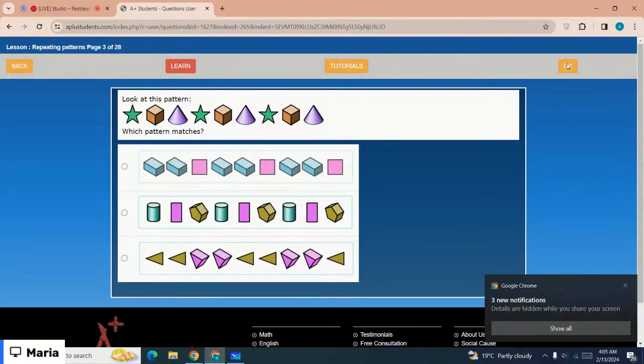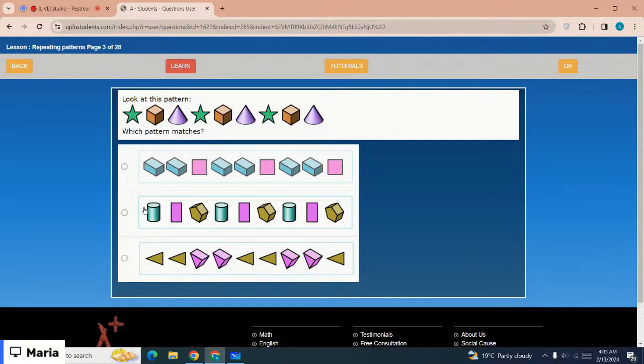Three different shapes and they keep repeating themselves, right? So just look at the first example. You have two rectangles, one square, two rectangles. No, we need one that has three. Yes, that is exactly the middle one. You have three different shapes and they keep repeating themselves. That is option number two, the correct option.